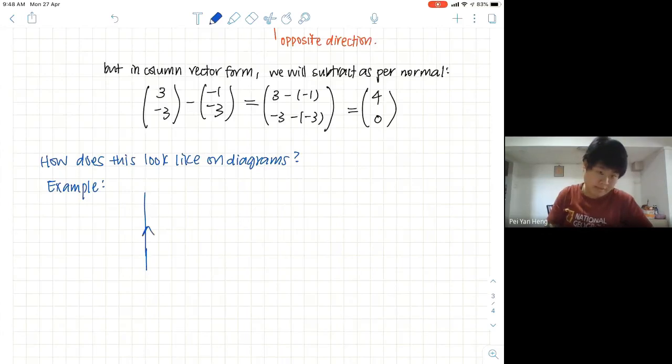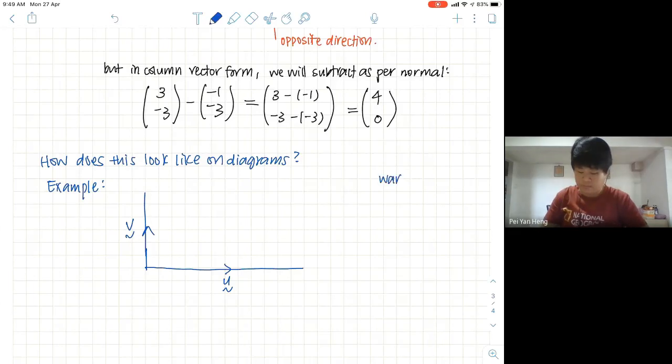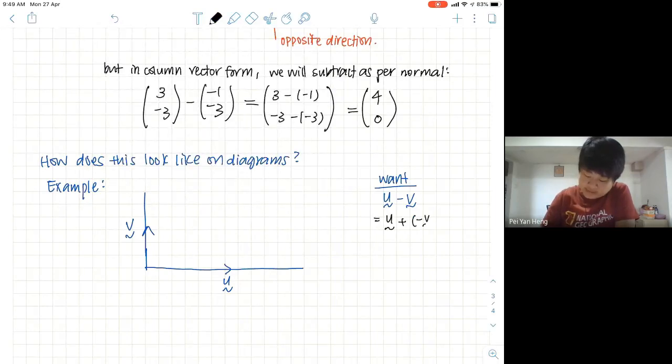I have vector V, and then I have vector U. What we want you to do is vector U minus vector V. So you have a subtraction. Now, vector U minus vector V is vector U plus negative vector V.